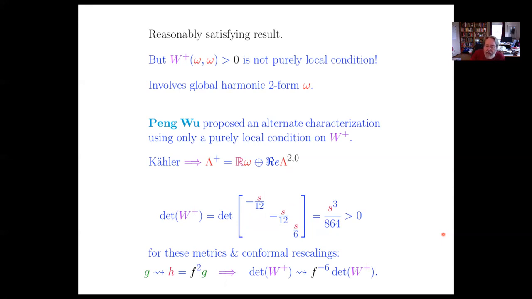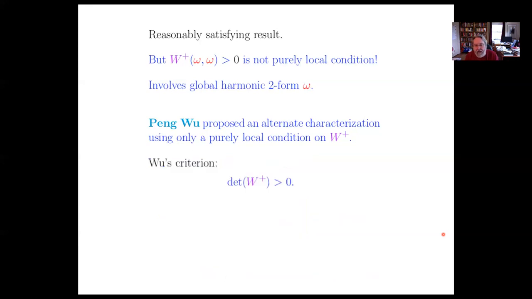So this is actually a conformally invariant characterization. So Wu's criterion is to demand that the determinant of W plus be everywhere positive. And in 2019, Wu came out with a very short, difficult to read paper, which asserts that this is not only a necessary condition, it's also sufficient.